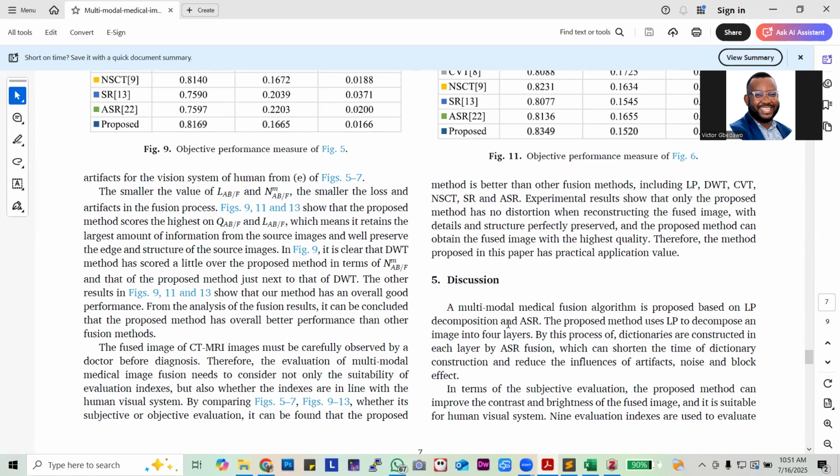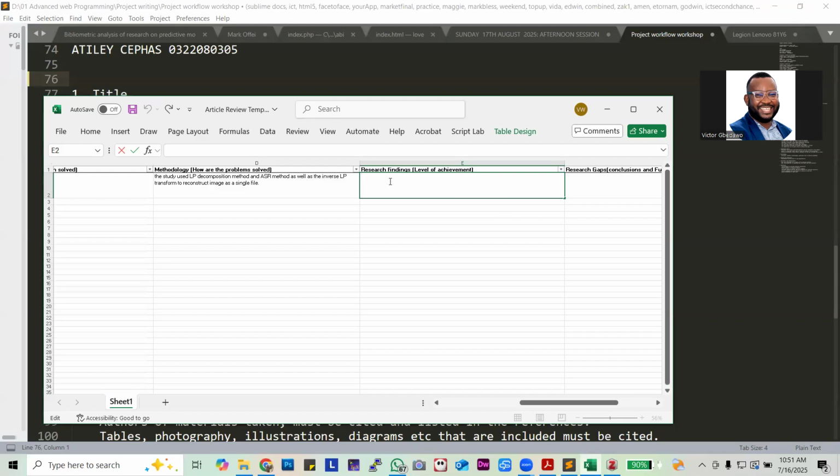So in your analysis, you can write there that even though the study carried out experiments, they failed to articulate their findings, and it's legit.